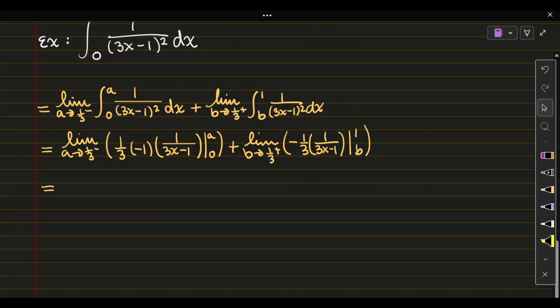Okay, so next I'm going to notice that I have a copy of 1/3 here and a copy of negative 1/3 here. They're both negative, sorry. So I can go ahead and pull that out front. I can factor that out.